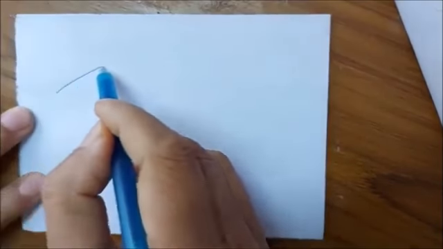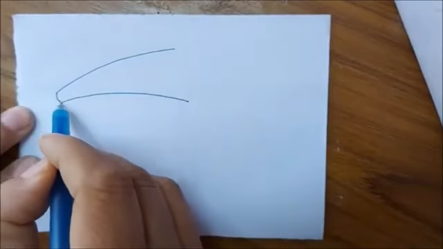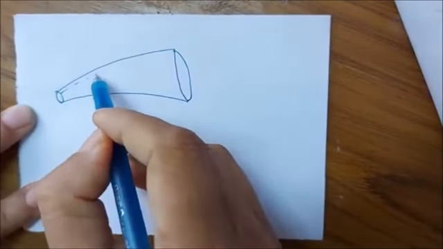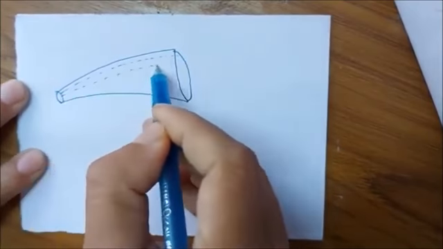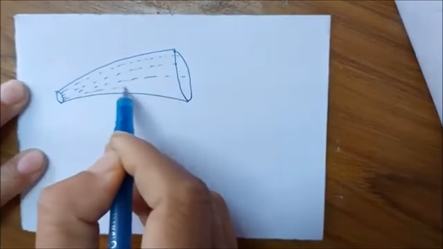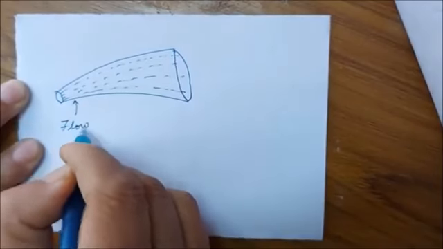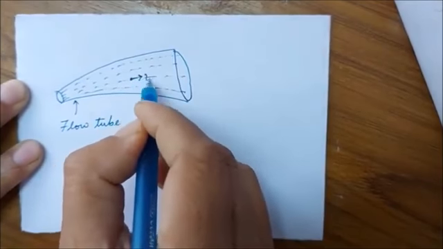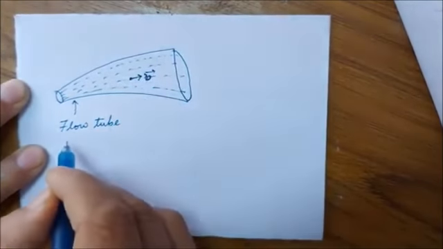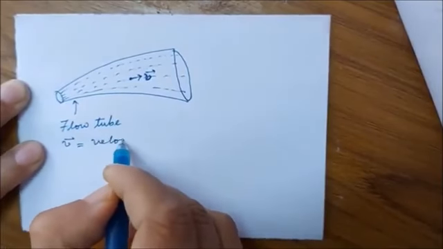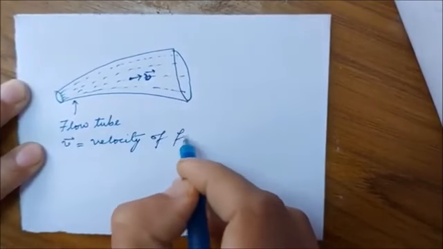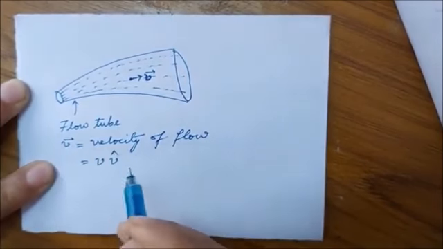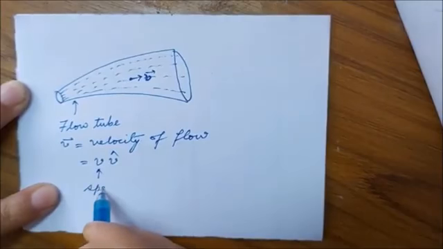Let us consider another example. Let us consider a tube through which some fluid is flowing. So this is a flow tube, and at any point, say this is the velocity of flow. So V is the velocity of flow, or the flow velocity, and velocity is a vector quantity, so it can be written as V into V cap, and this V is the speed of flow.